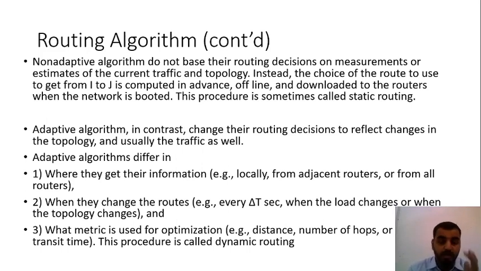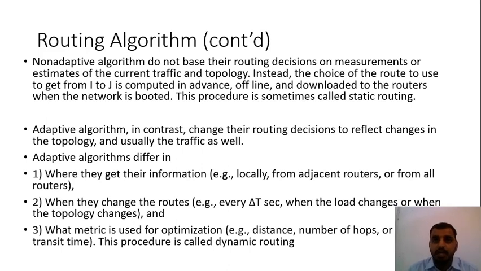There are different types of topologies: bus topology, ring topology, star topology, mesh topology. It is like a network of computers wherein one computer is connected with another so that they can communicate with one another. So non-adaptive algorithms are not based on such routing decisions.